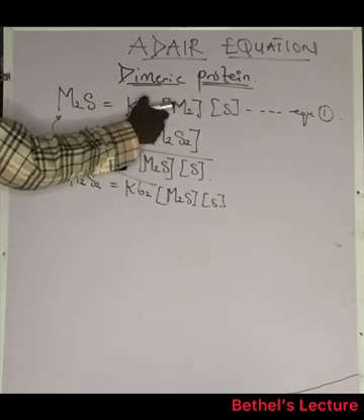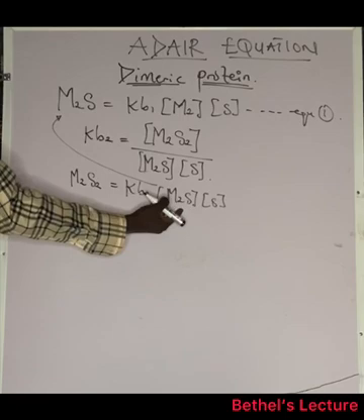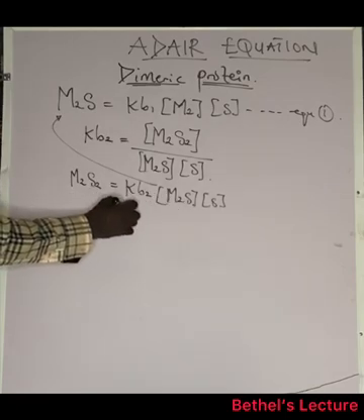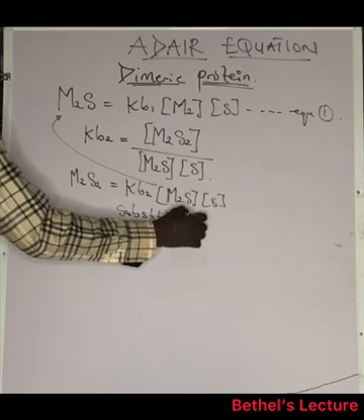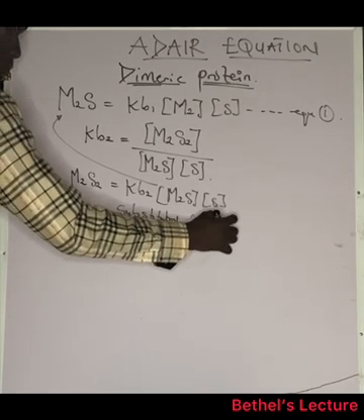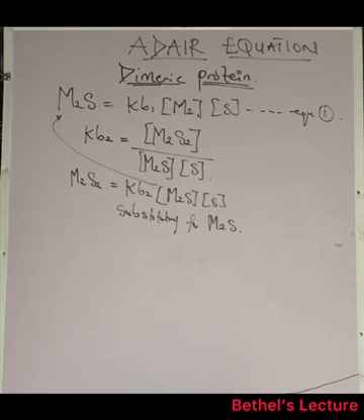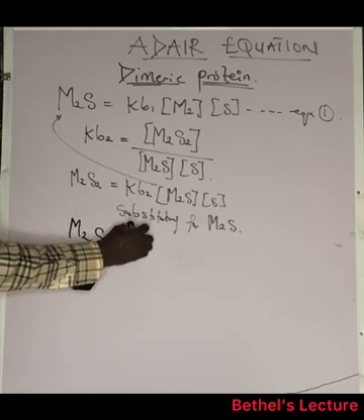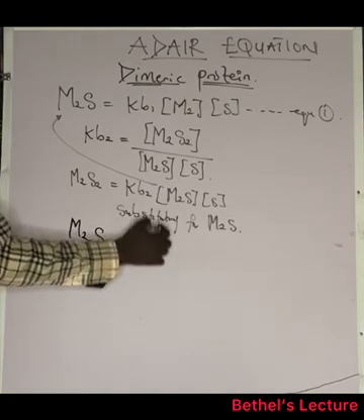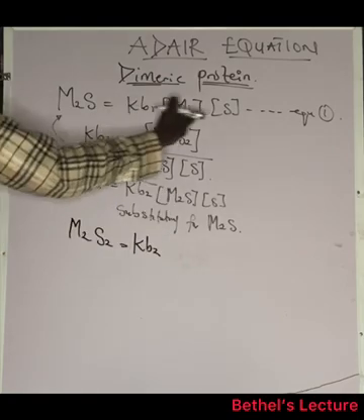So we substitute this into this. Substituting for M2S, we have M2S2 is equal to KB2 times M2S, and this is M2S.